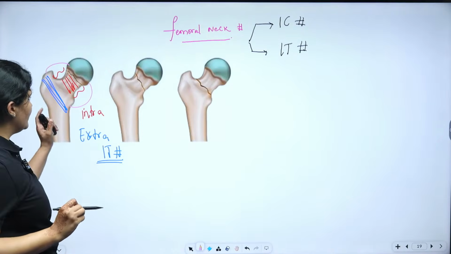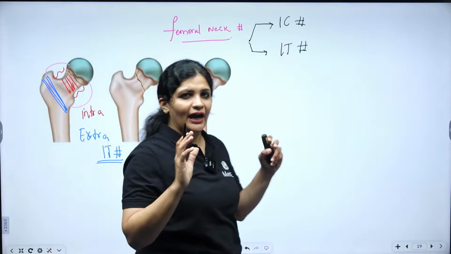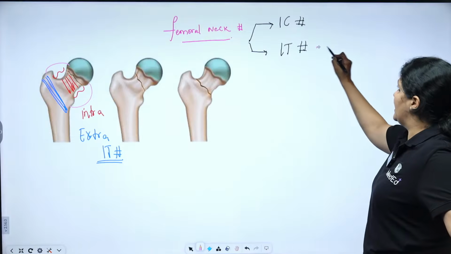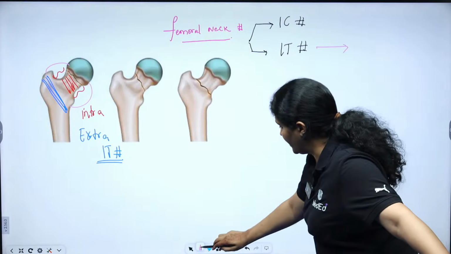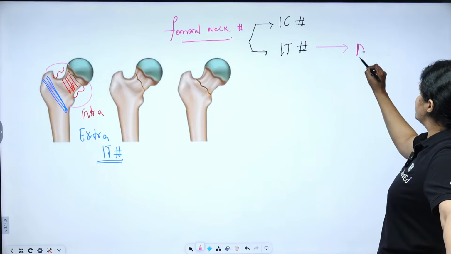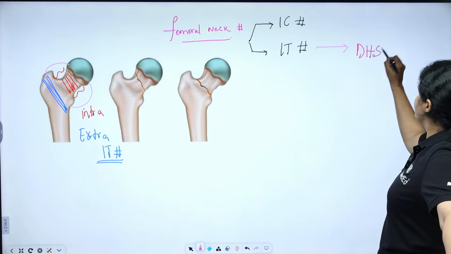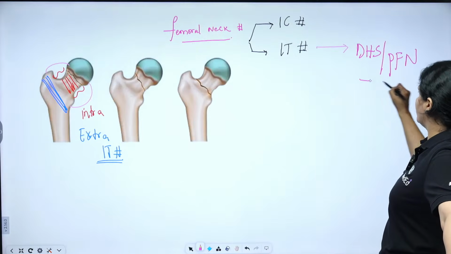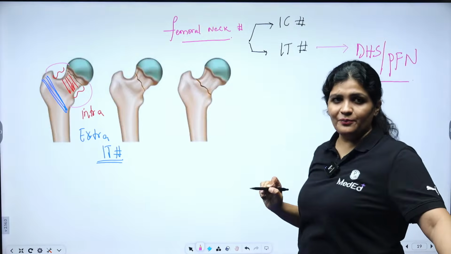Now clear? Whenever they ask you about an IT fracture, that is intertrochanteric or extracapsular fracture, the answer remains the same for any age group. It is DHS, dynamic hip screw, or PFN, proximal femoral nailing. Is that clear? So we are sorted with IT fracture.